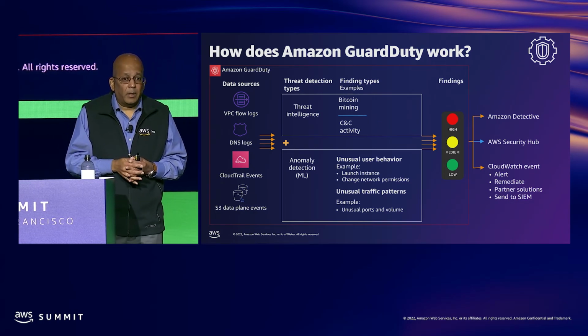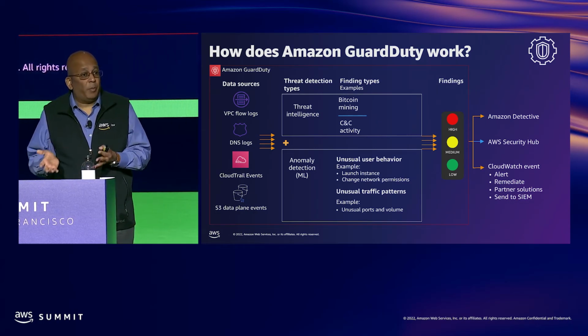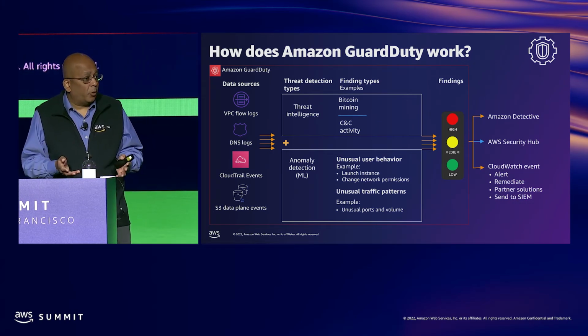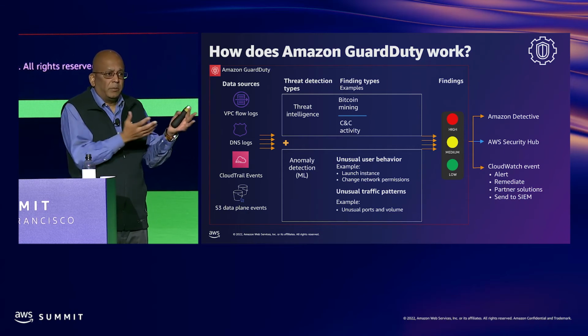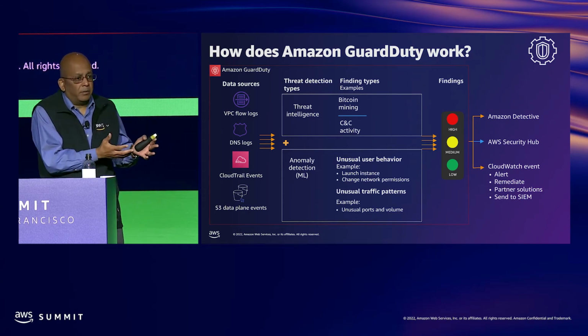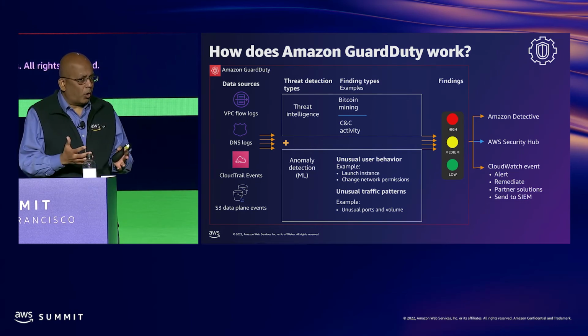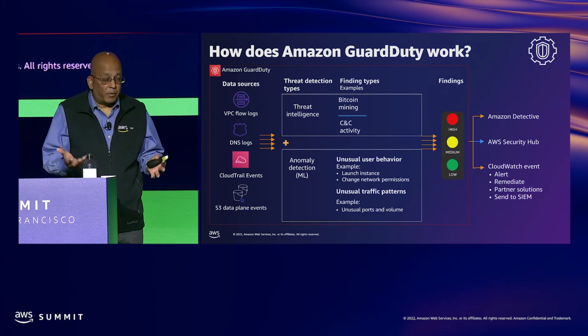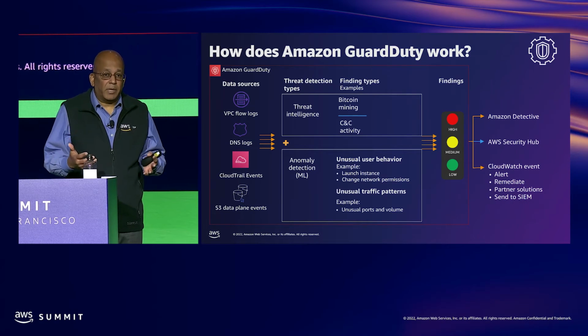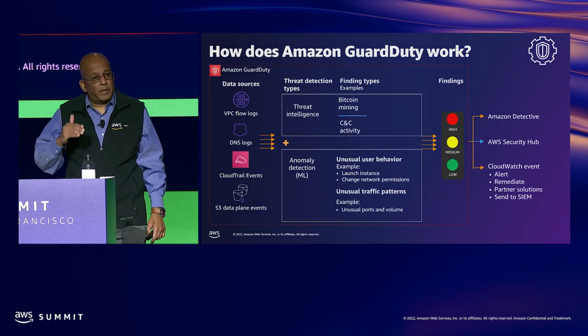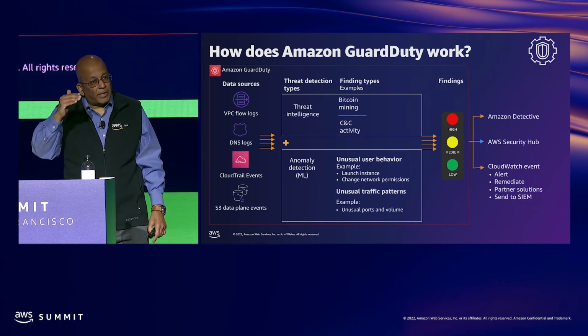There could be some unusual patterns of behavior, and that's also what will show up as a finding. There could be that a user who typically never used a specific, let's say, region in Europe is now launching instances there, right? That's not normal behavior that can be flagged, saying, hey, maybe this is worthwhile taking a look at. So what it does is it creates all these findings for you, and then it also categorizes them.